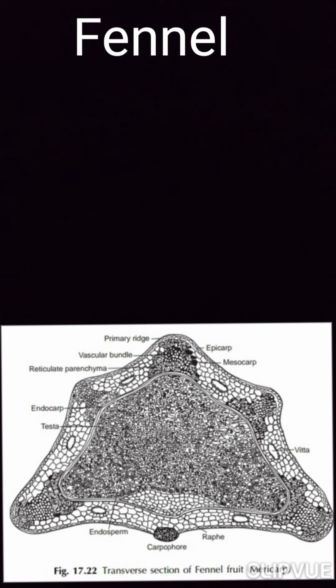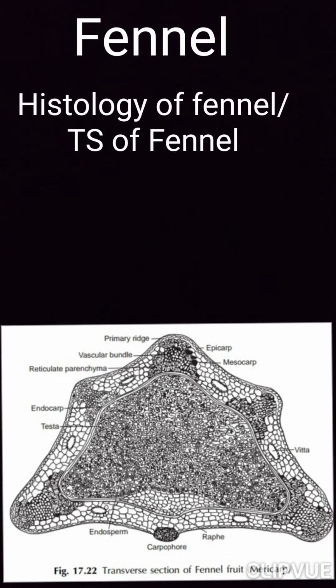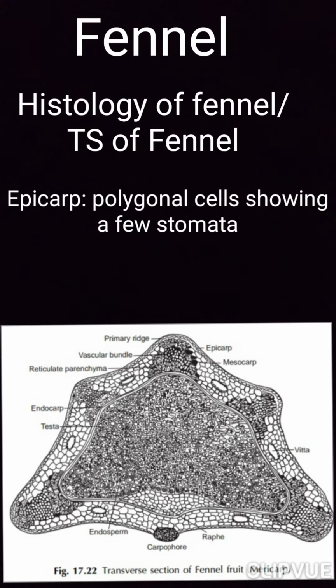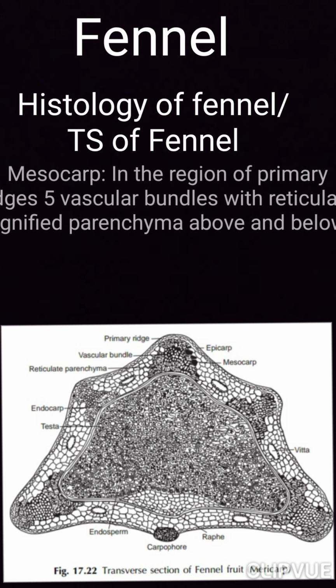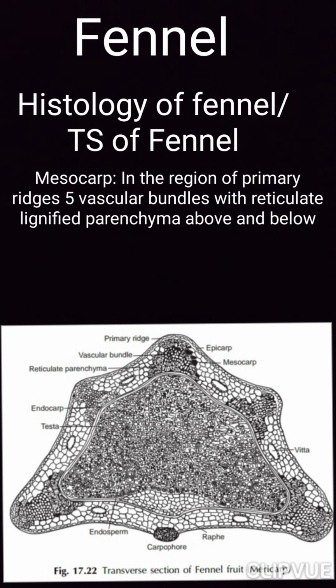So how are we going to describe the histology or microscopy of fennel fruit one by one? The first one, epicarp: polygonal cells showing a few stomata. Second, mesocarp: in the region of primary ridges, five vascular bundles with reticulate lignified parenchyma, as we have seen in the image above and below.